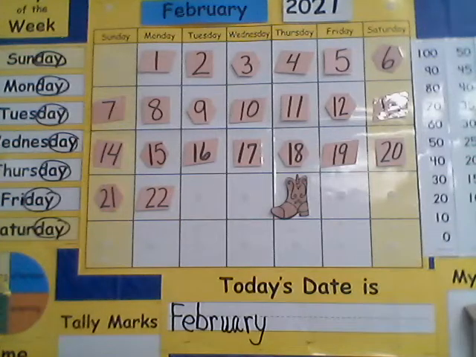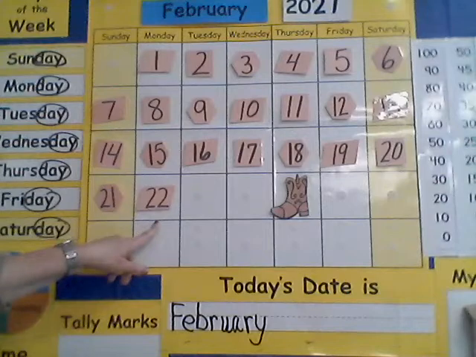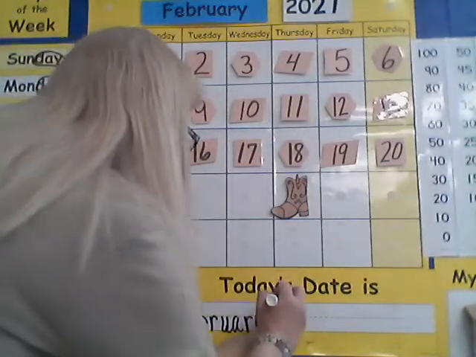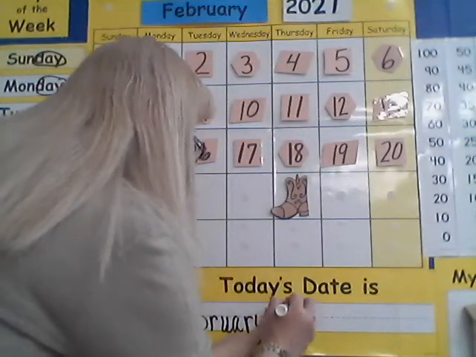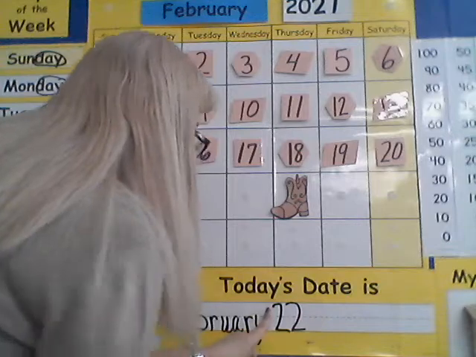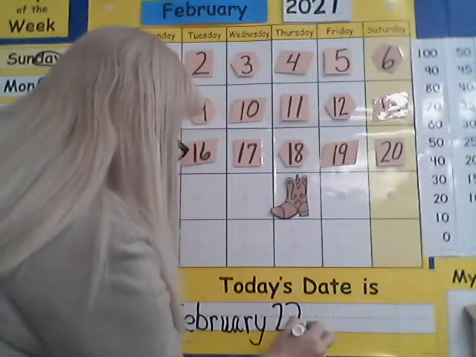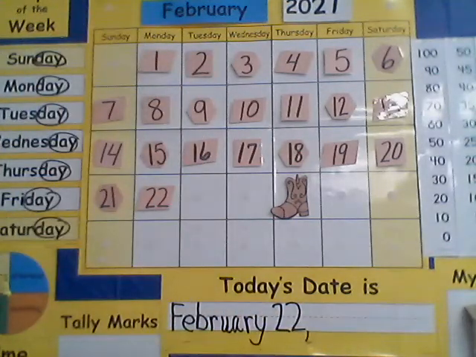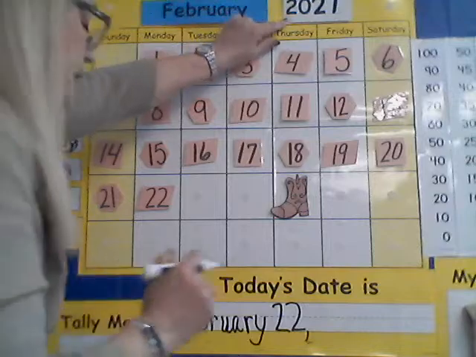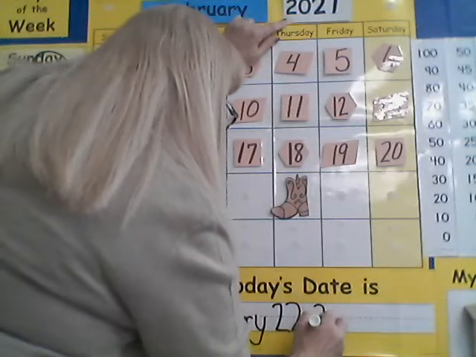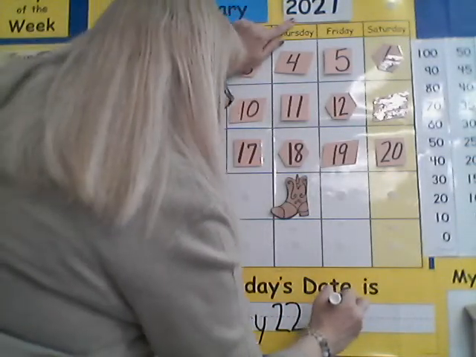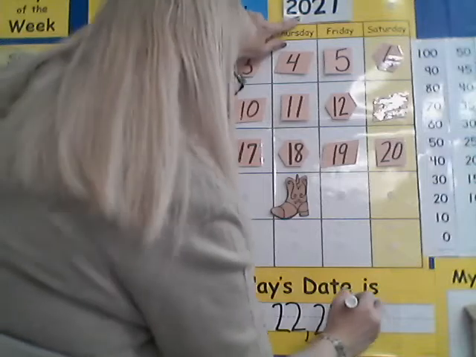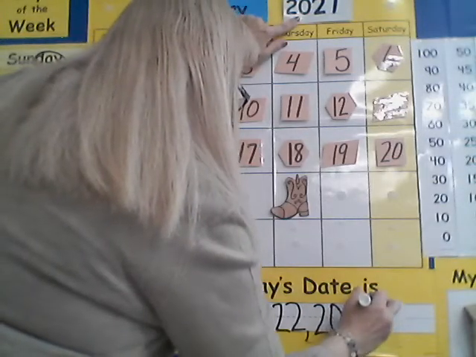And what two digits are we writing today? A 2 and a 2. And a 2 and a 2 makes what number? Correct. 22, followed by, is a comma a number or is it a space? It is a space. And please go ahead and help me with the digits in the year. 2, 0, 2, 1.